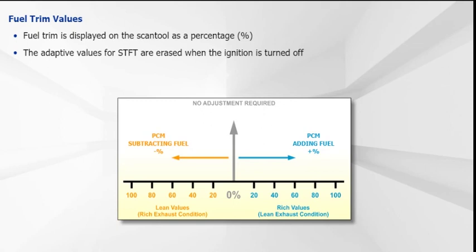The adaptive values for STFT are erased when the ignition is turned off. In contrast, LTFT values are stored in the computer's memory and remain there until the PCM's memory is reset with a scan tool or continuous battery power is removed from the PCM.